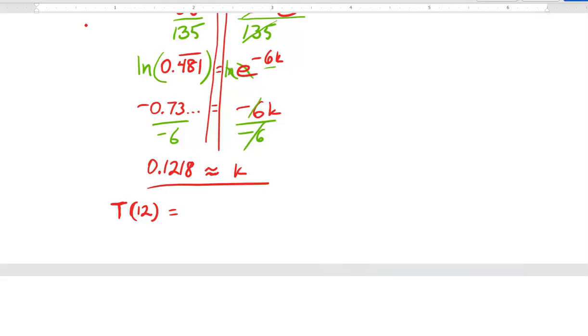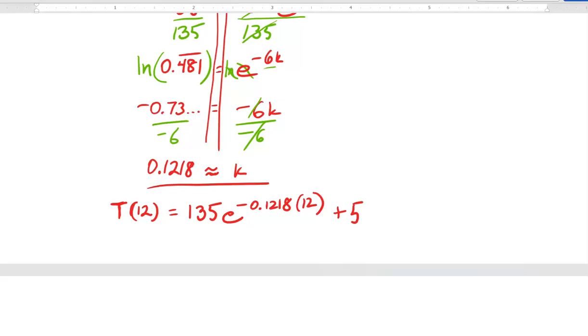okay, it was 140 minus 5, remember, 135 times e to the negative k, which is 0.1218 approximately, times the time of 12 minutes plus 5-degree room temperature. There we go. And now I can just plug that into the calculator.